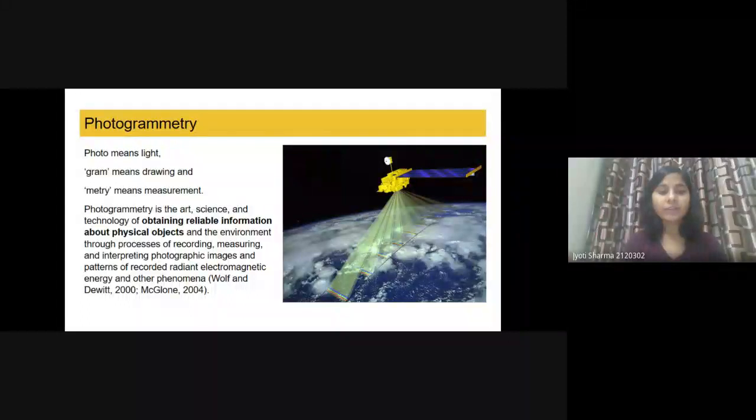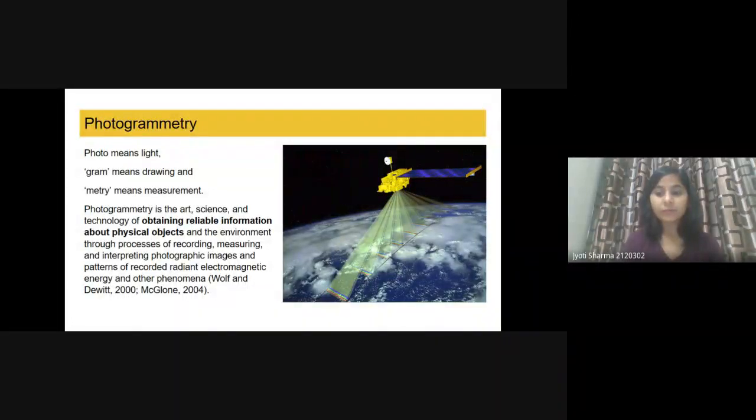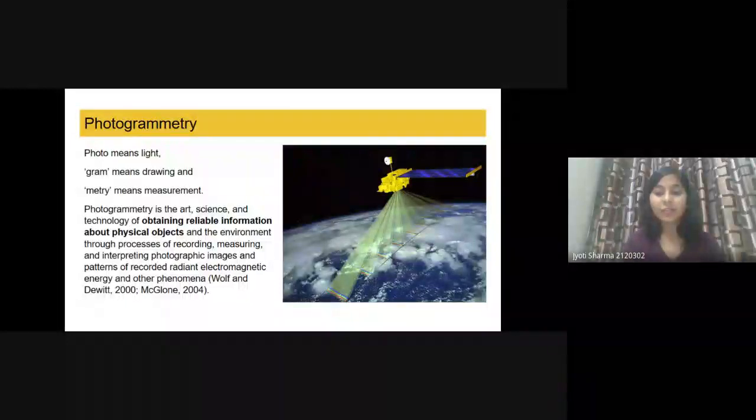Okay, so here the definition is: photogrammetry is the art, science, and technology of obtaining reliable information about physical objects and the environment. Not only are we getting information about that object, but we can also get information about the environment as well. For example, if there is fog in Delhi, after capturing a picture on the road, you can get the information that yes, this is a foggy condition.